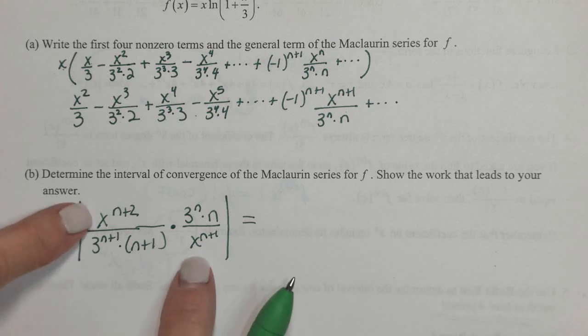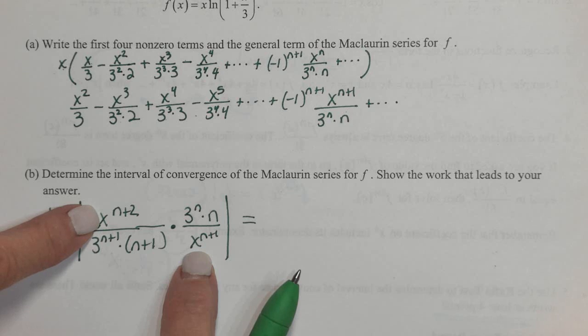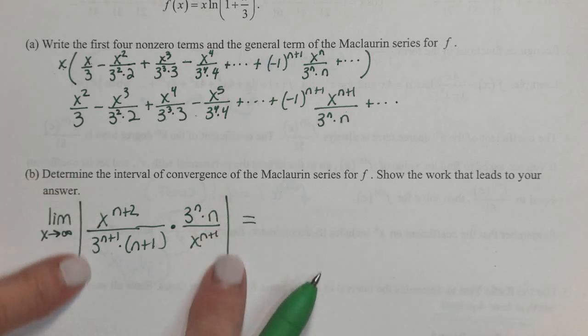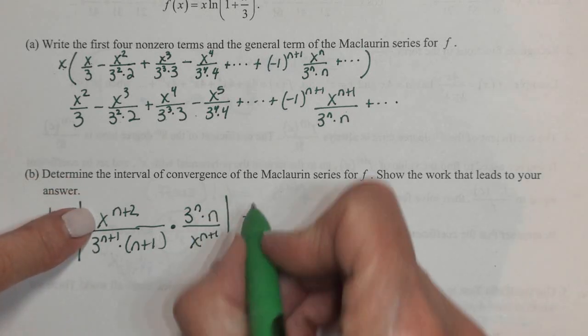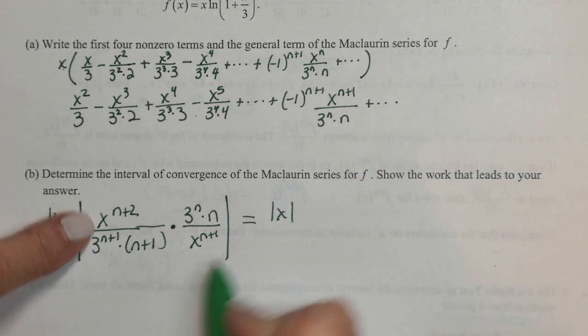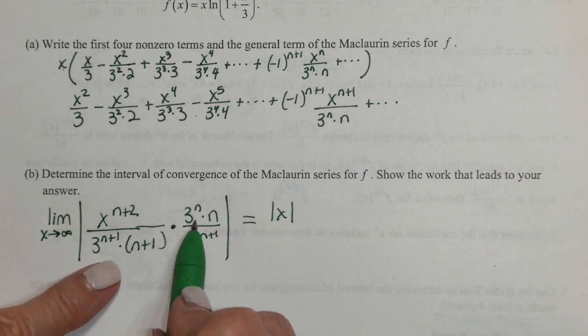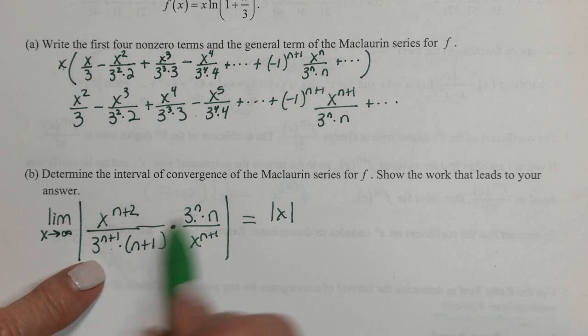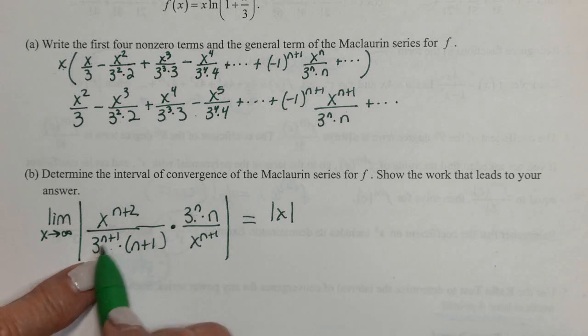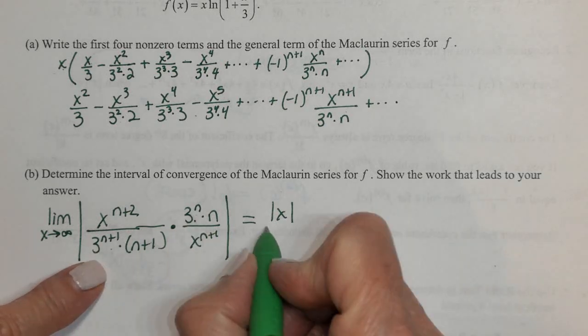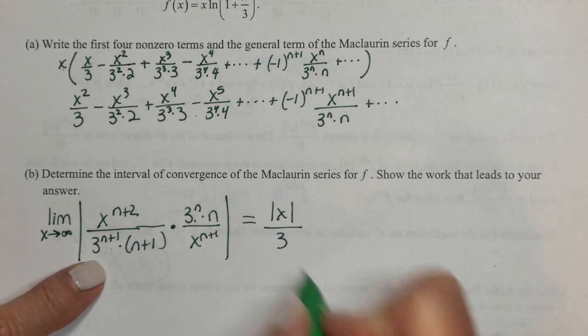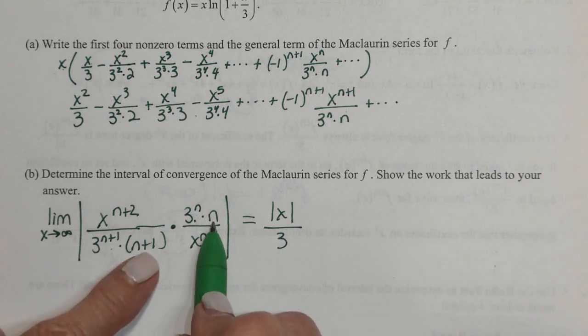The x's reduce, leaving a single x on top. I'm going to put that single x in my absolute values. The 3's reduce, leaving a single 3 on the bottom. The absolute value of 3 is 3, so I'm not going to write absolute values, I'm just going to write a 3. The n's do not reduce.